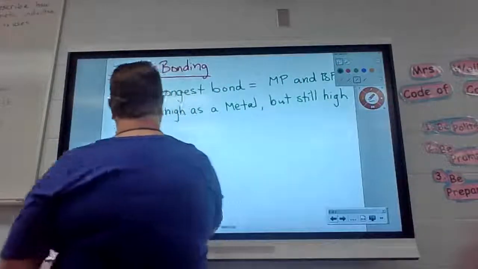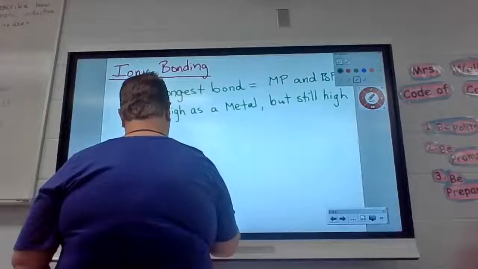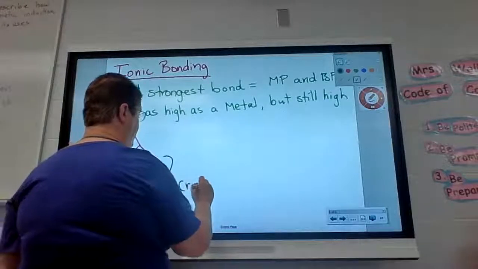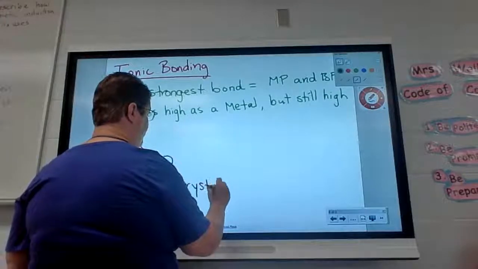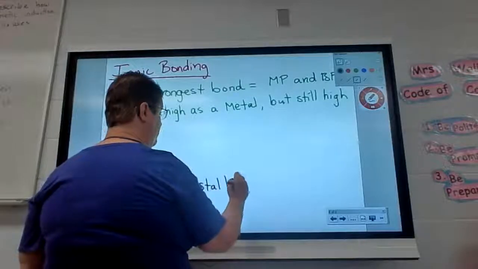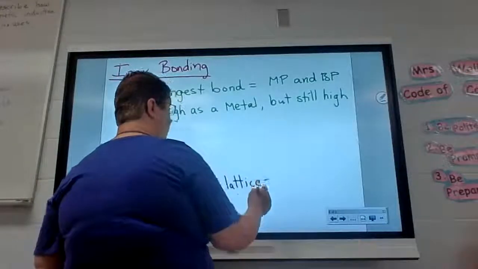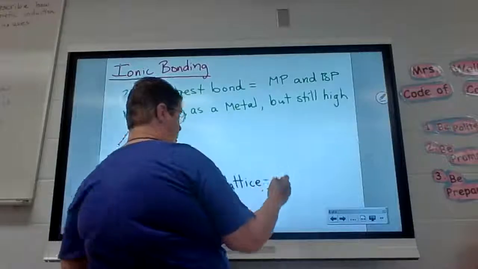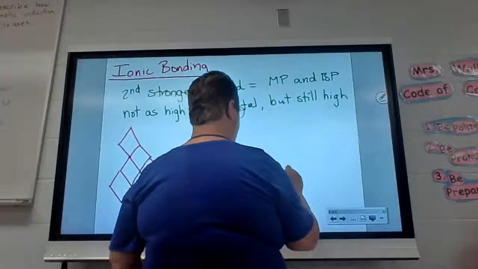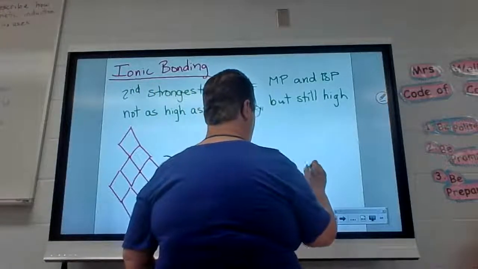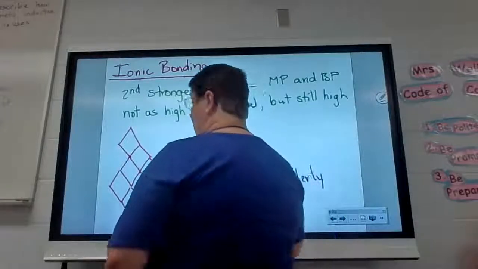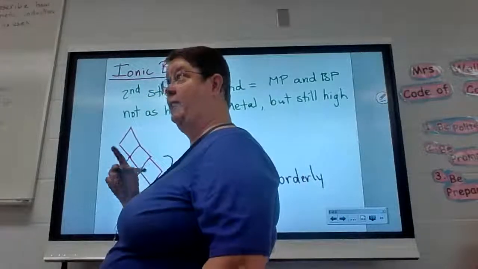All right, this whole thing is a crystal lattice. We have to draw that. I'm going to define it, and I'm going to color one of them and define the piece I colored.